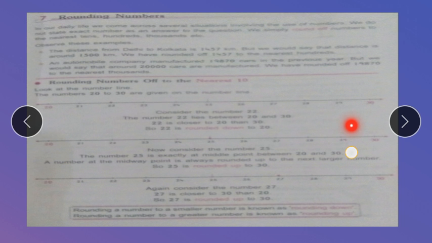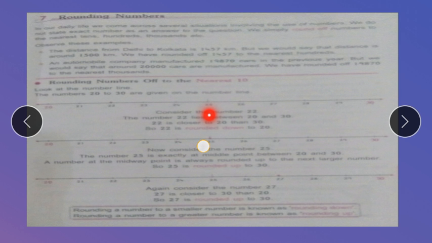The number 22 is closer to the number 20. That's why the round off of 22 is 20. Children, listen here very carefully. Between 20 and 30, the 25 is the middle number.